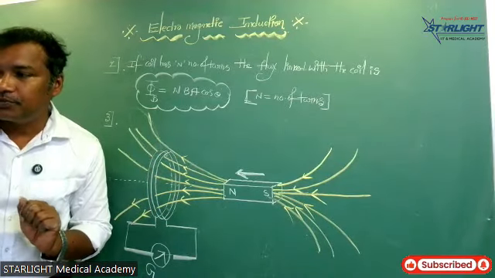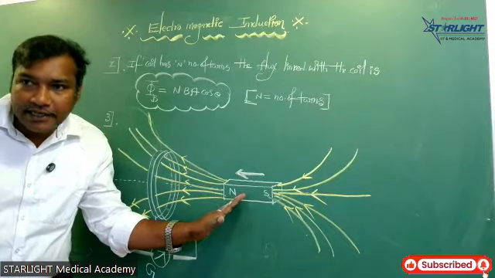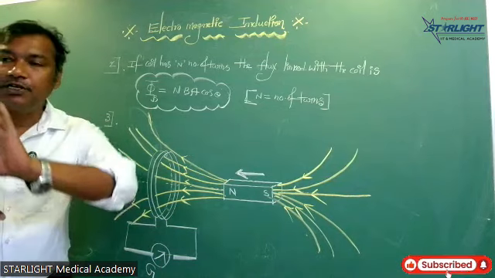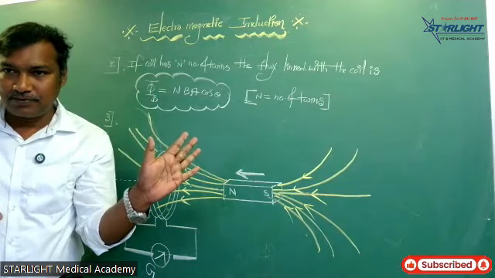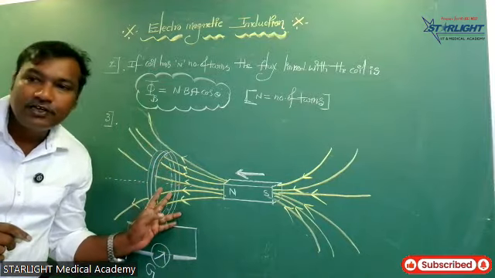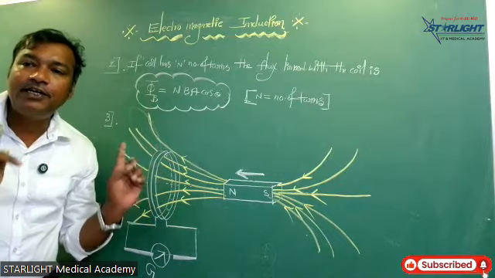Here is a very important point. Suppose the magnet is kept at rest, then no current is generated. The galvanometer does not show any deflection. The galvanometer shows deflection only when there is induced EMF and induced current.